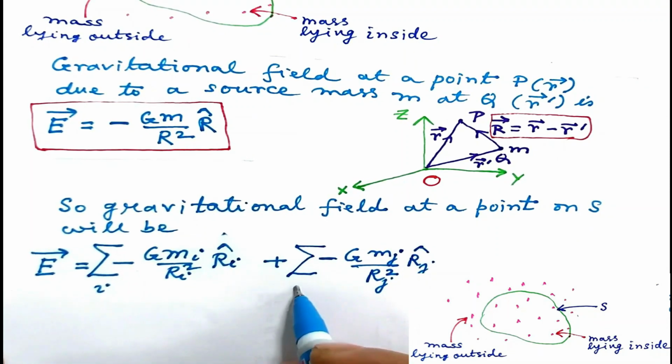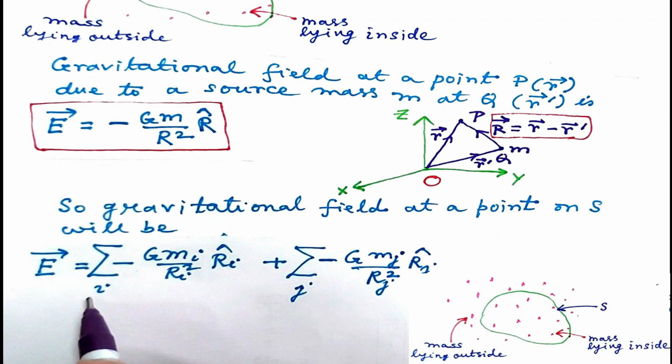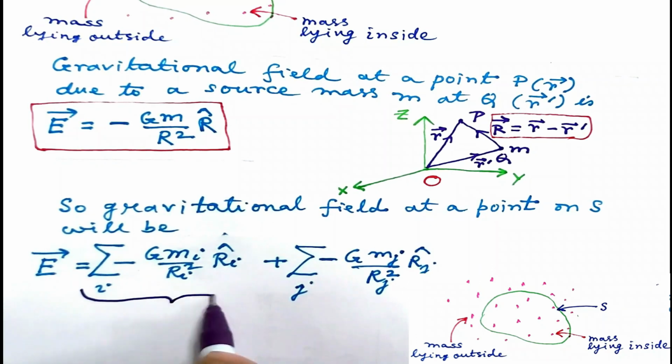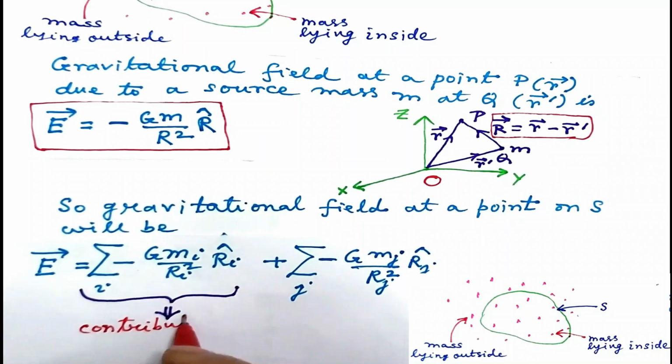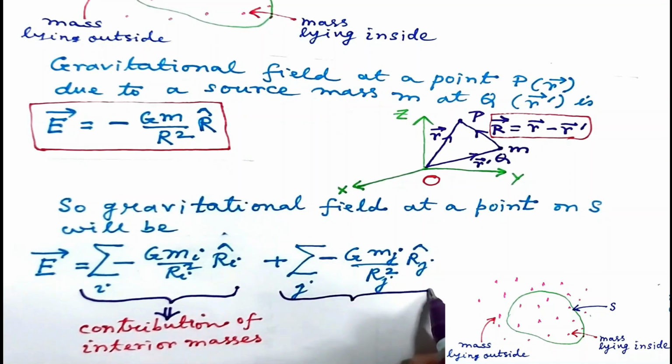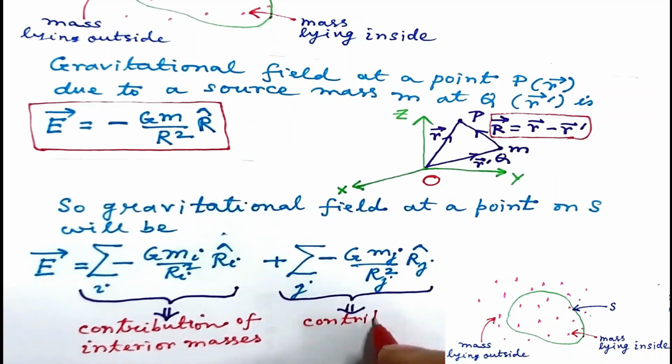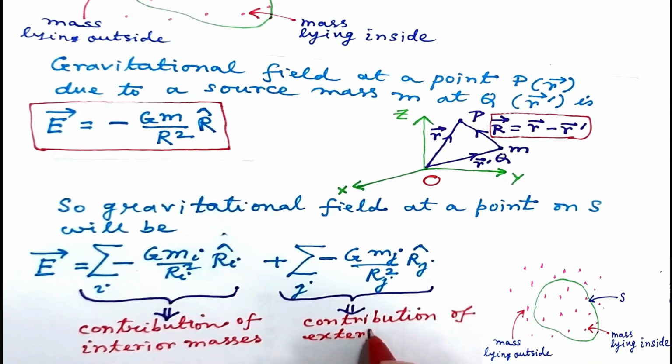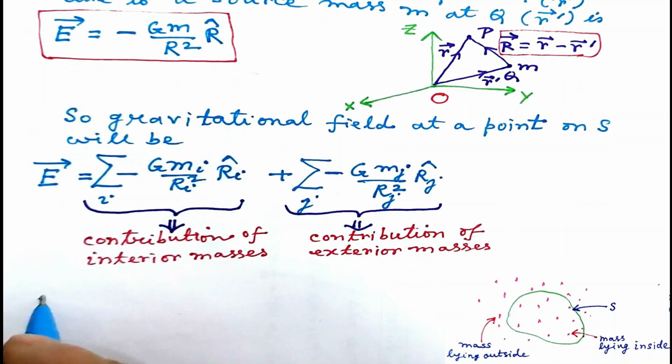This is to be summed over j. i and j are dummy indices or run indices. This portion is the contribution of interior masses to vector E, and the second term represents the contribution of the exterior masses to the gravitational field vector E.